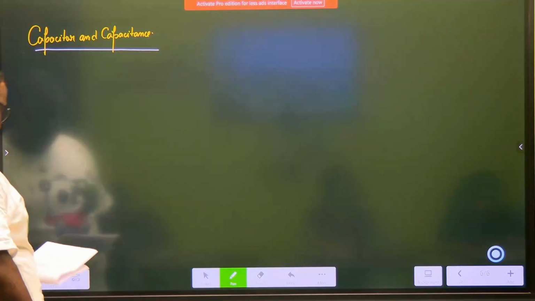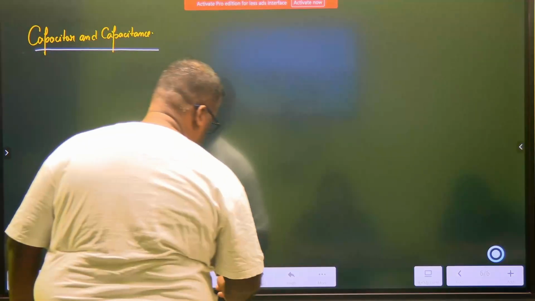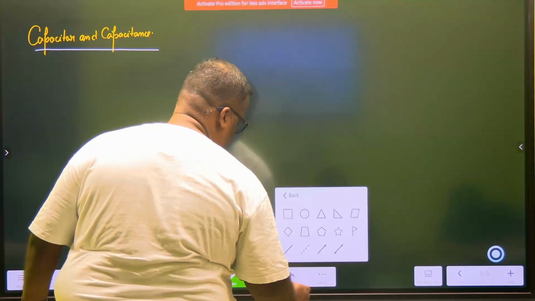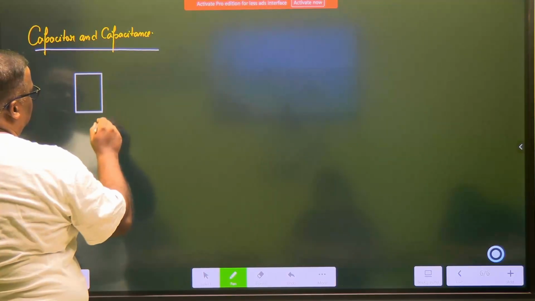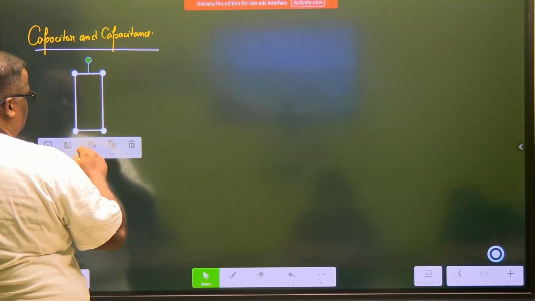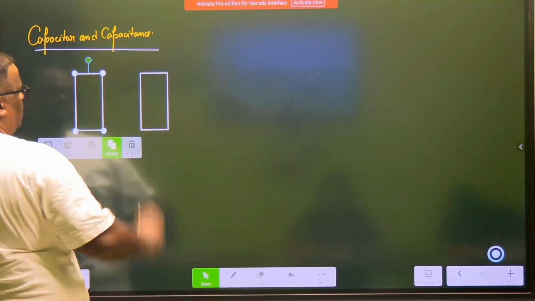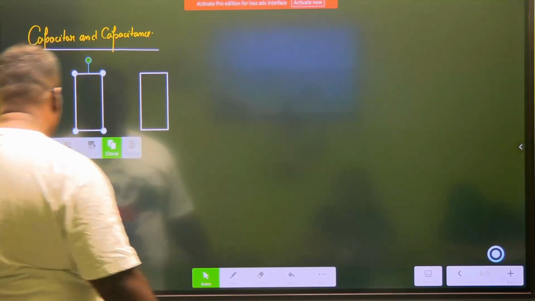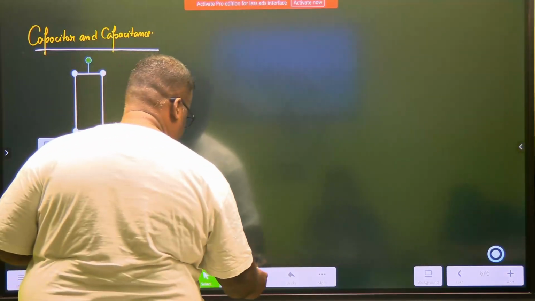You can write down. A capacitor consists of two conductors, and I'm making the diagram by that time for you. A capacitor consists of two conductors. They can be actually in any shape. A capacitor consists of two conductors separated by an insulating medium.